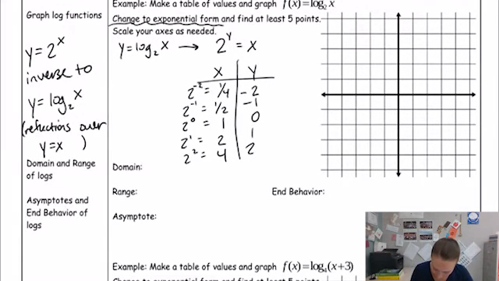So if I go 1/4, -2, I get something like this. -1. Okay. 1/2, -1. 1, 0. 2, 1. And 4, 2.